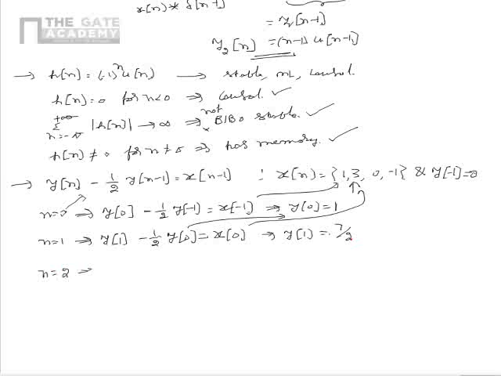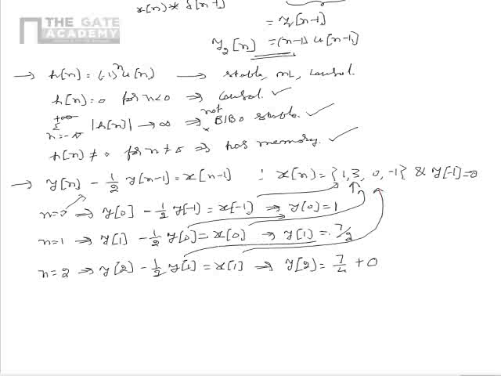Similarly, upon substituting n equal to 2, we see that y of 2 minus half y of 1 is equal to x of 1. From this, y of 2 is equal to 7 by 4 plus 0, because it is given that x of 1 is 0 and y of 1 is 7 by 2. So this is equal to 7 by 4.